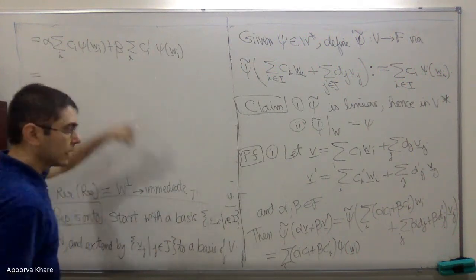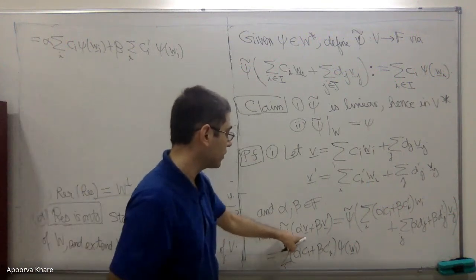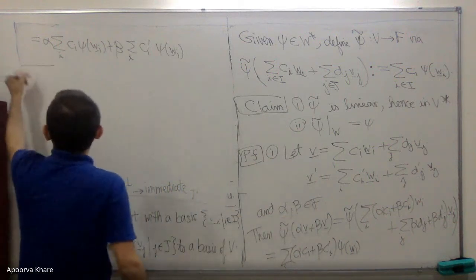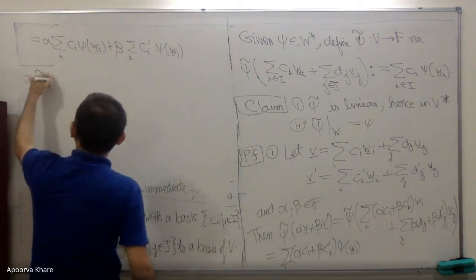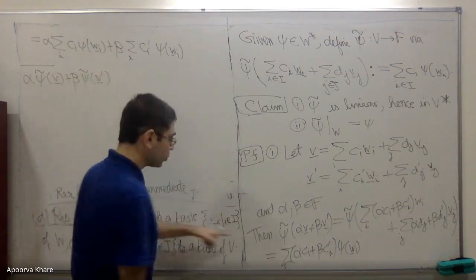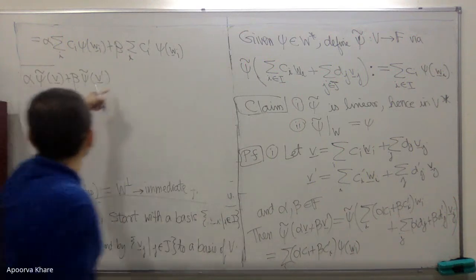Now, this is the left hand side, right? Let me now look at alpha psi tilde of v plus beta psi tilde of v prime. I want to show that this expression is equal to the previous expression. That is linearity. Well, what is this?